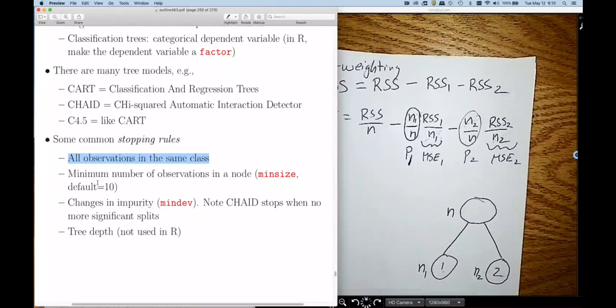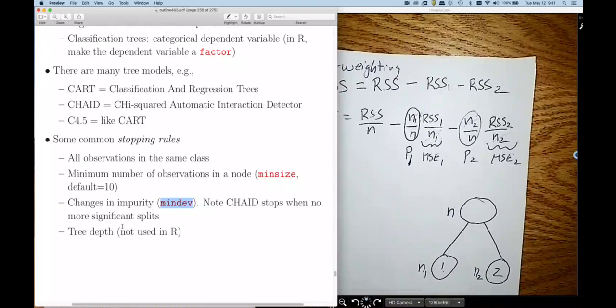So we're not going to introduce a split if we fall below 10 observations. Another stopping criteria is if the minimum change in deviance, so this would be a fraction of the root node deviance, falls below some threshold. So if you want to grow a big tree, set min-dev to a very small number like 0.000001, and you'll get a very big tree.